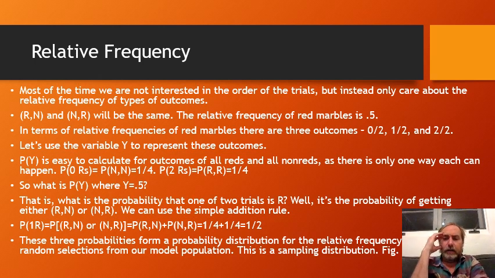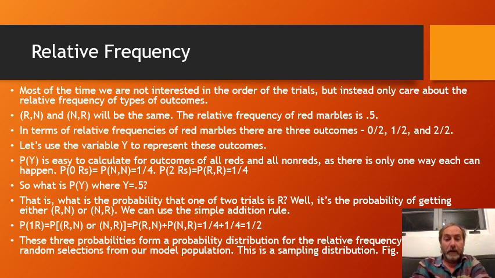A slightly more complicated question is, what is the probability of getting the relative frequency of Rs being 0.5? Which is to say, what's the probability of getting a red in one of the 2 trials? Which is to say, what's the probability of getting either red and then non-red, or non-red and then red? Those are the 2 ways we can get a relative frequency of 0.5 reds.